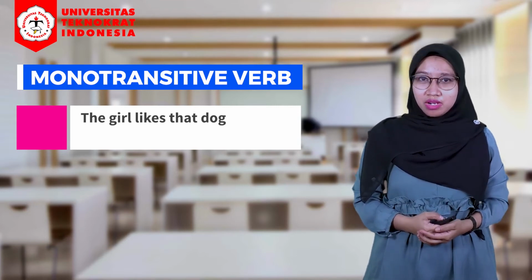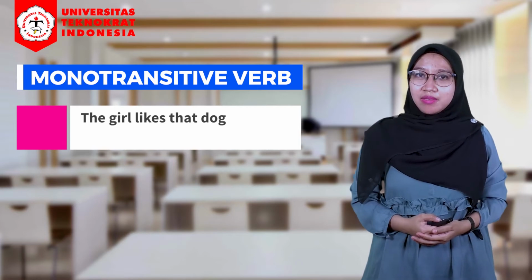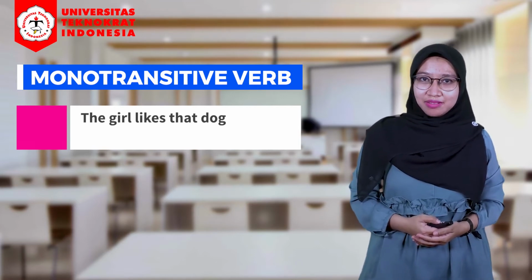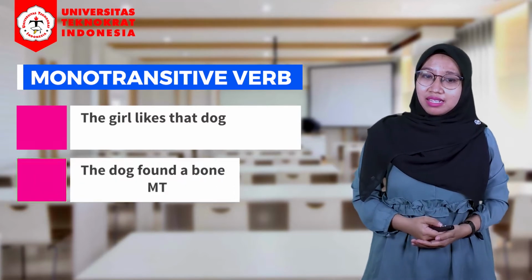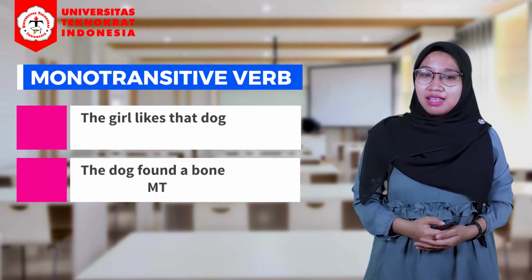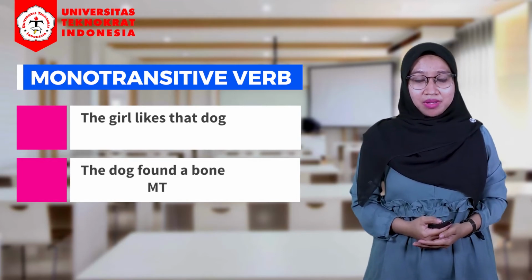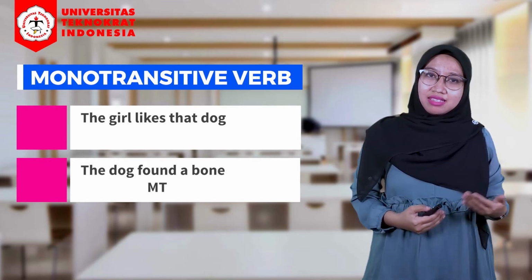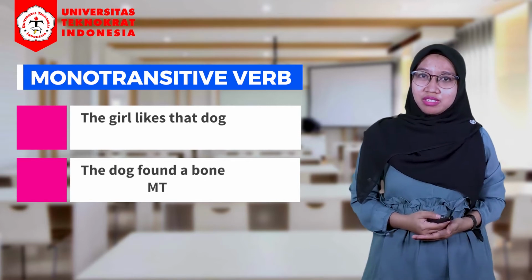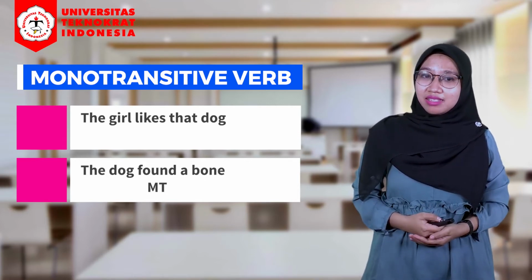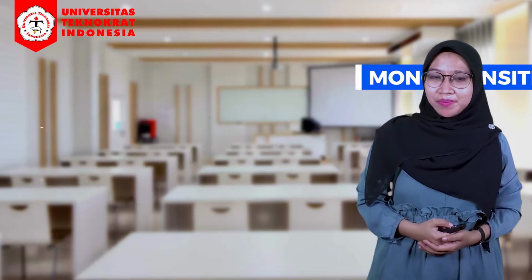And there is only one object. Therefore, the verb likes is categorized as monotransitive. The second example is the dog found a bone. The verb found has the object bone, only one object, therefore it is categorized as monotransitive verbs.